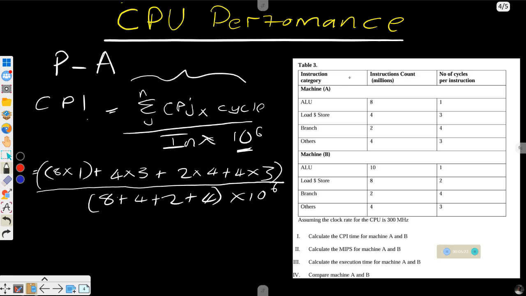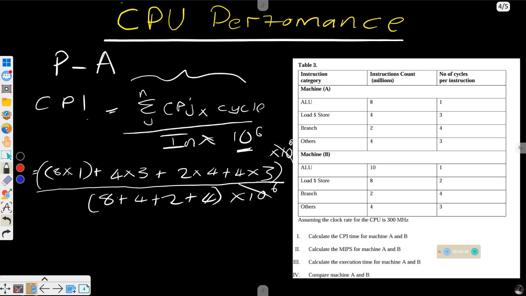Since the count is in millions, we have times 10 to the power 6 on both sides, the denominator and the numerator, so we just cancel those.